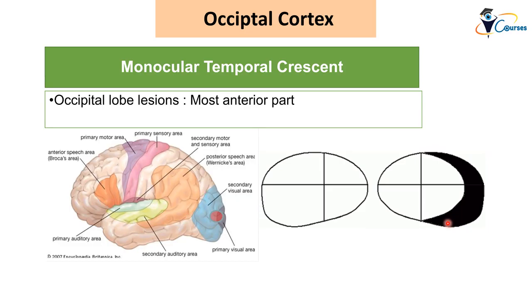Let's say, for example, if there is a right anterior occipital lobe lesion, it will cause loss of the far temporal visual field in the left eye. So this patient will have a left monocular temporal crescent. And vice versa, if there is a left occipital lobe lesion, this will result in a right temporal monocular crescent. So this depends mainly on where the lesion is. The lesion is involving the most anterior part of the occipital cortex.